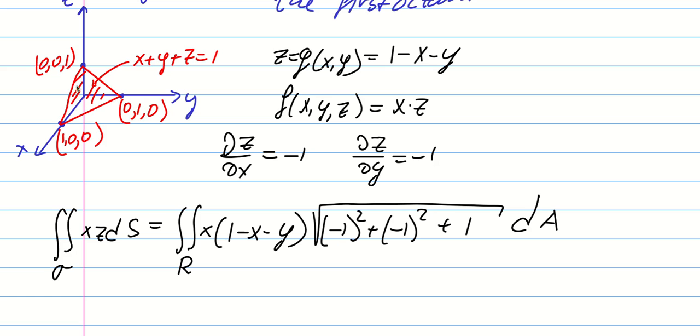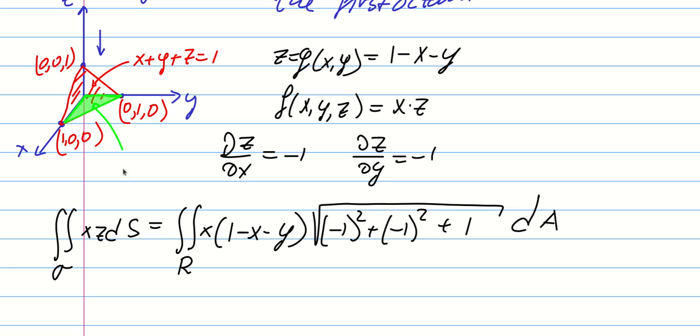So the projection, if we look from the top, then our projection on the bottom will be this triangle over here. So this triangle in green on the bottom is our R region.